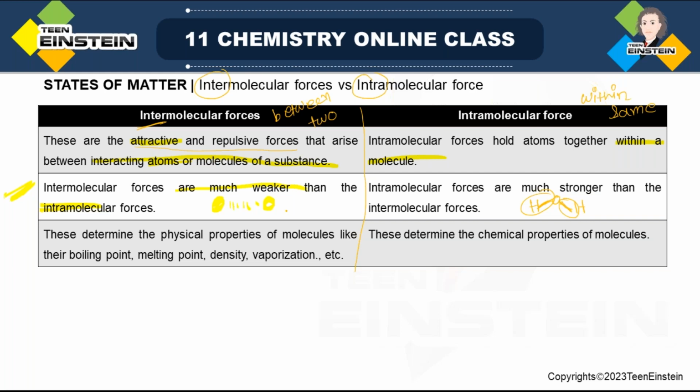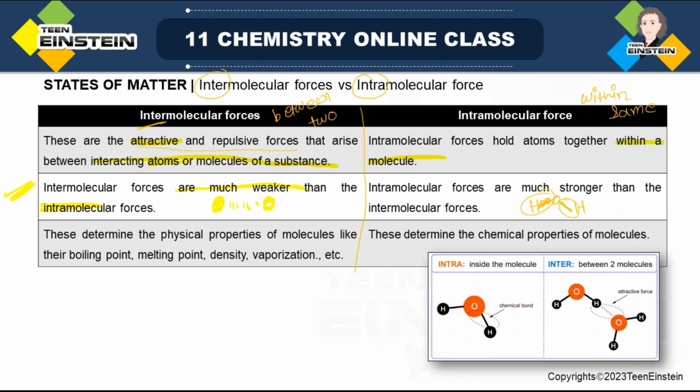Just take two individual water molecules. So it will obviously be weaker, because here you actually have a chemical bond. In this bond, two electrons are shared between the two atoms. So an actual chemical bond is present, so it will obviously be stronger compared to the other one.